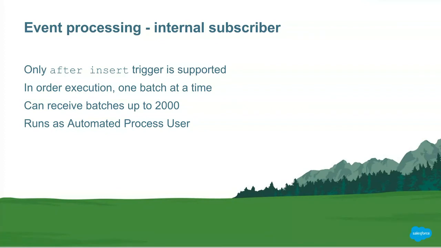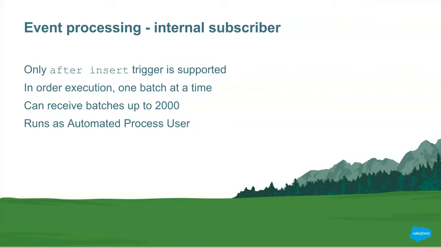And then your triggers, there's some slight differences. We only support after insert triggers in an event object. We support in-order execution, one batch at a time, so we guarantee that you will not receive these events concurrently on two instances of an Apex execution.